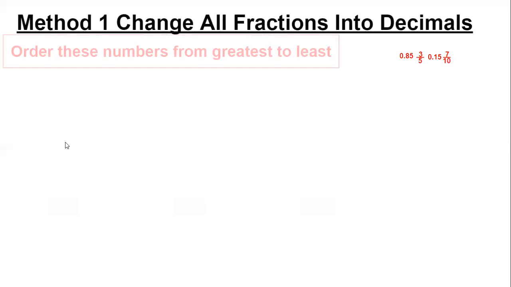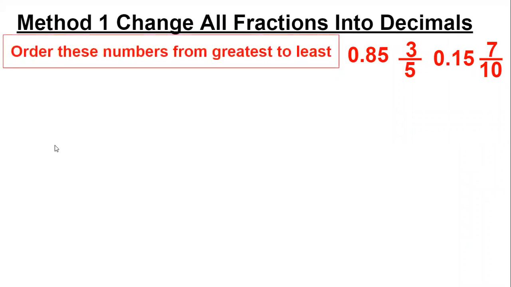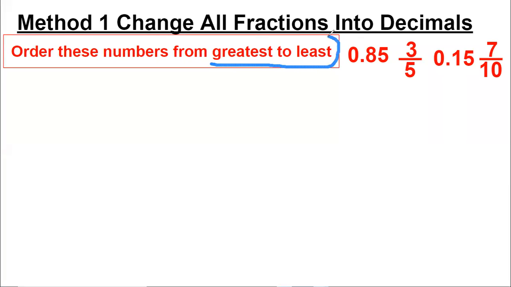Let's use method 1 to change all the fractions into decimals. So here are our new numbers: 0.85, which is 85 hundredths, 3/5, 15 hundredths, and 7/10. We have to order them, and notice the instructions tell us to order them from greatest to least.